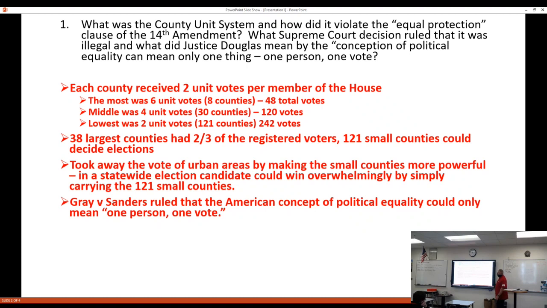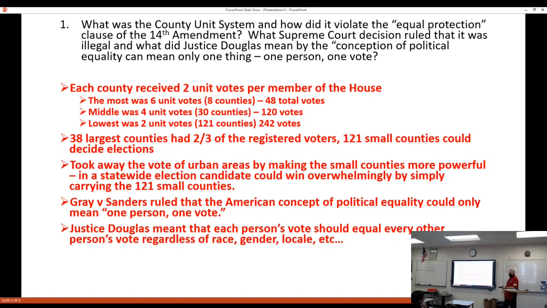There you go. So again, under the county unit system, one group of people's votes counts more than another's. Gray v. Sanders ruled that no, that's not what elections are supposed to be about. That is not how government is intended to operate. And so, one person, one vote.